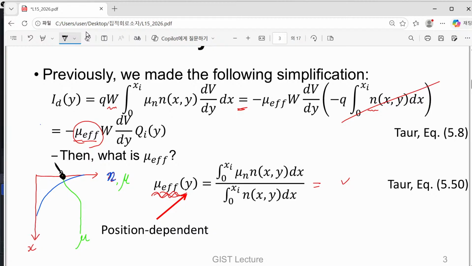Nearby this interface, we have a strong preference for the quantity in this case. Although we have relatively high mobility values deeper, there is no electron at all, so that does not contribute to our averaging.